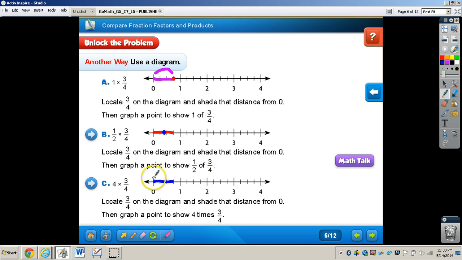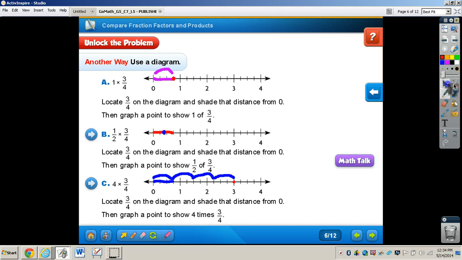There's 3/4, so that would be 3/4 times 1, and then we would have 3/4 times 2, 3/4 times 3, and then finally 3/4 times 4. And we can put our point right there, which would be 3.